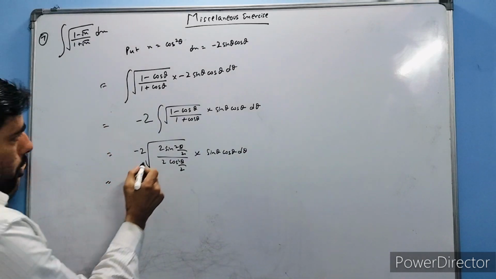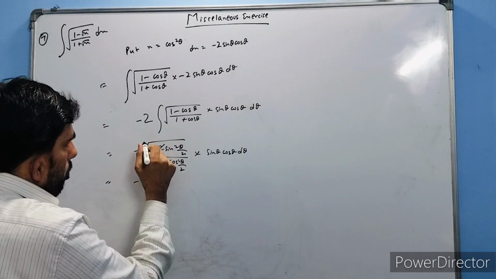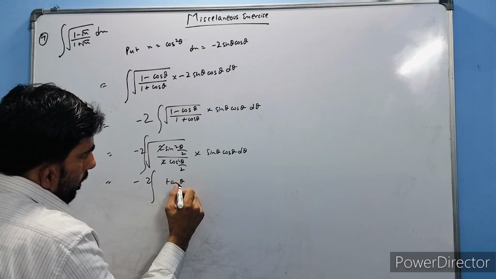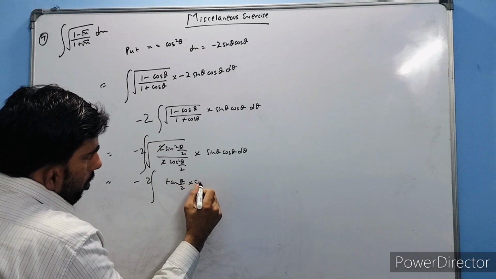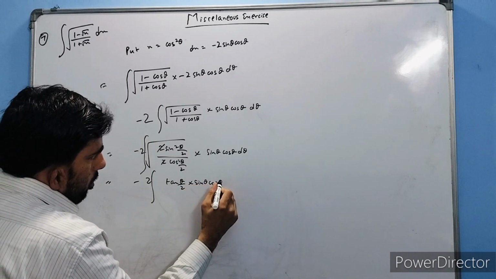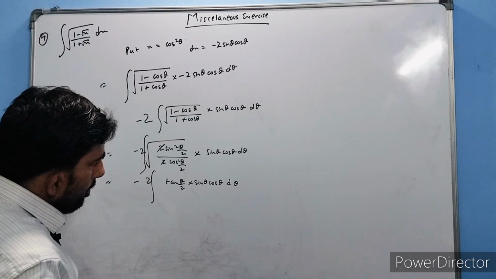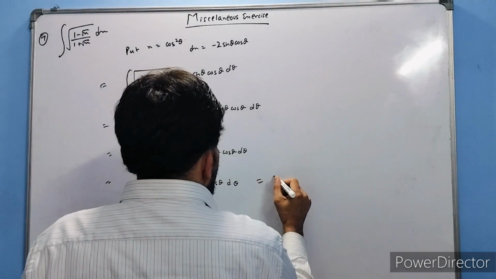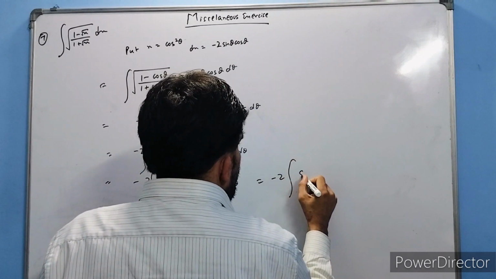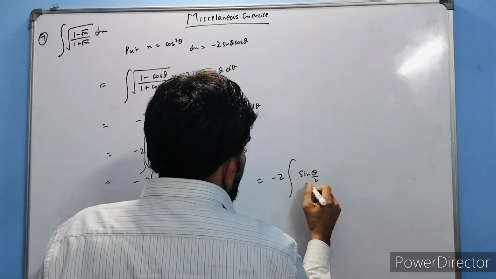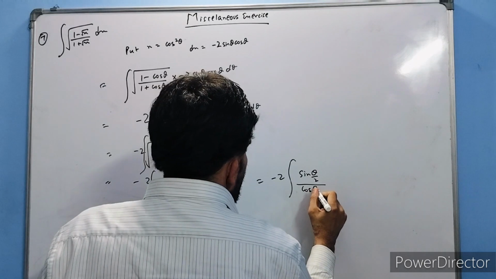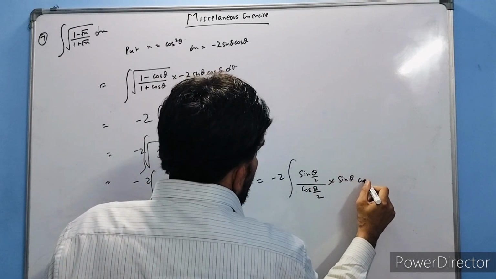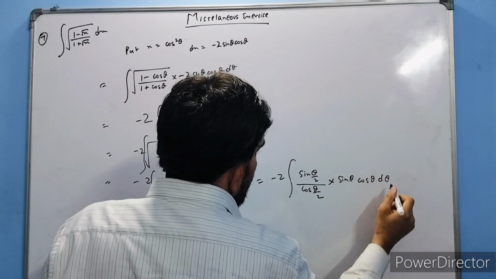Now it will be minus 2 tan theta by 2 into sine theta cos theta d theta. Now I can write minus 2 sine theta by 2 upon cos theta by 2 into sine theta cos theta d theta.